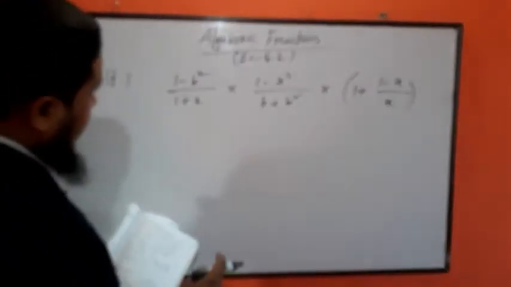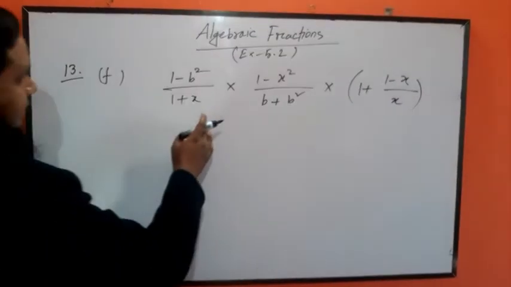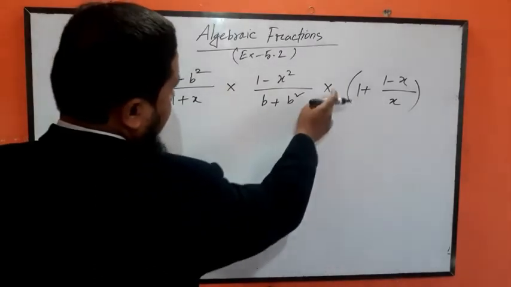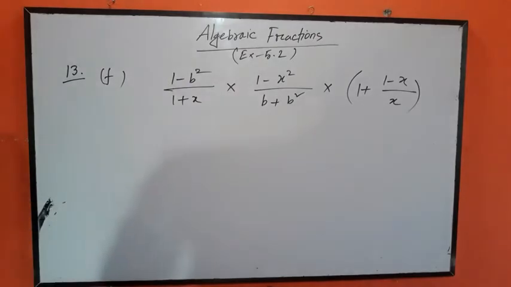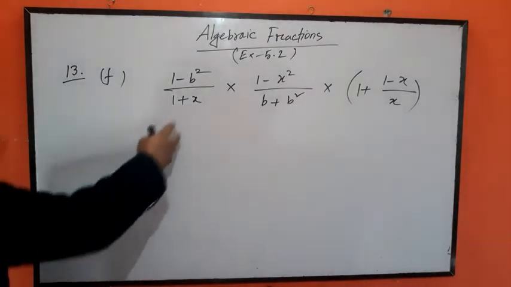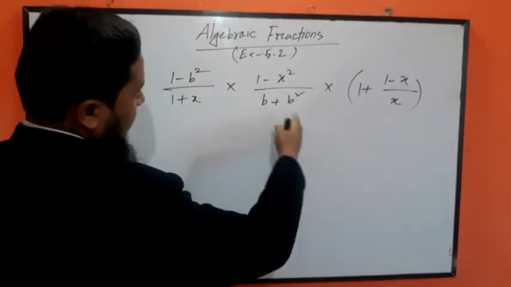Three fractions. Actually in our textbook a comma is used here, I am writing the multiplication of fractions indirectly. Here three fractions with multiplication are given.